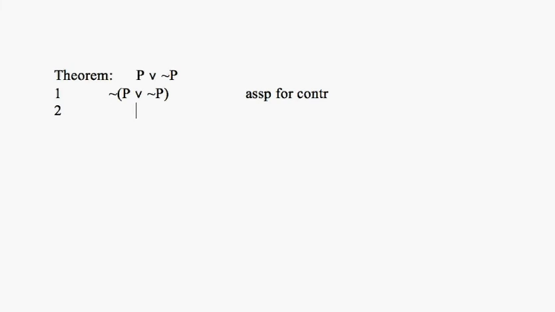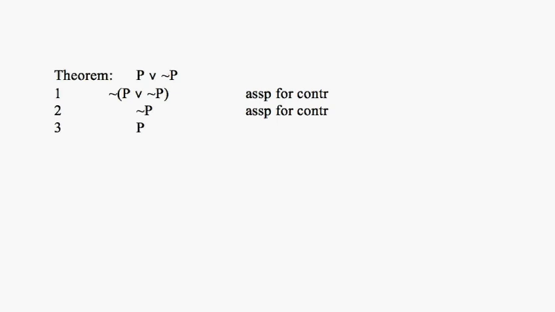Okay, here we go. We want to prove P for strategic reasons. We make an assumption for contradiction, so now we've got an indirect proof within an indirect proof. Well, okay, we've got not P, which means we can get P or not P. This is going to be a little bit squirrely, but bear with me.